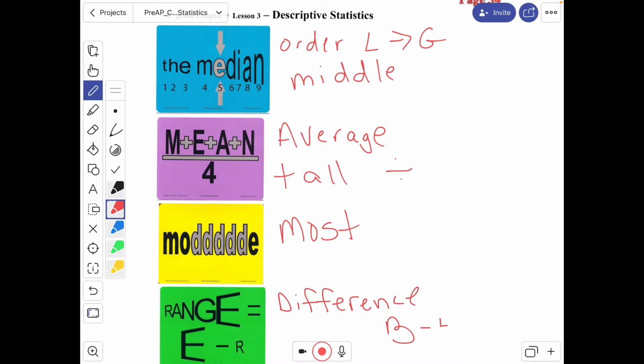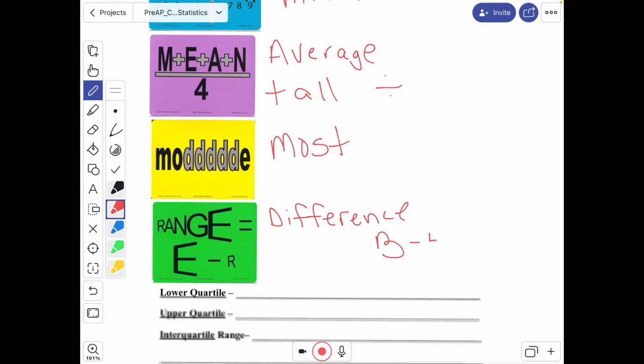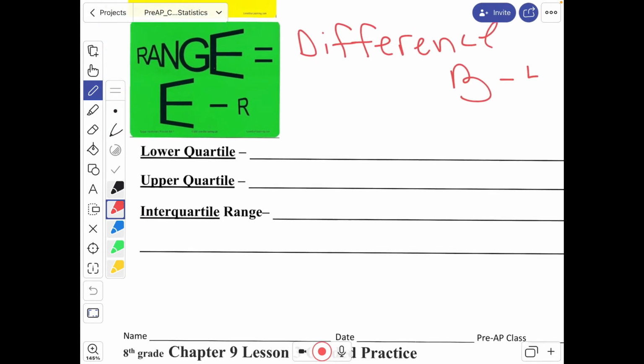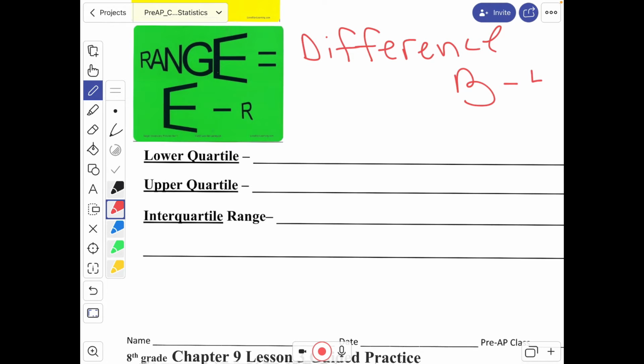And then we have some other words like lower quartile. Lower quartile means the median, or the middle number, the median of the lower half.